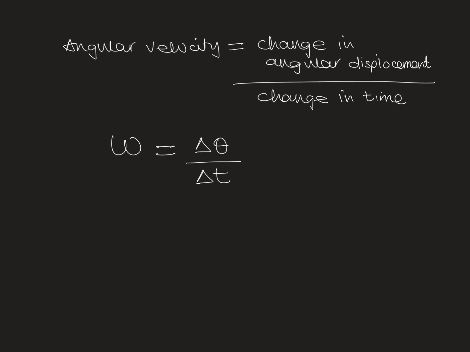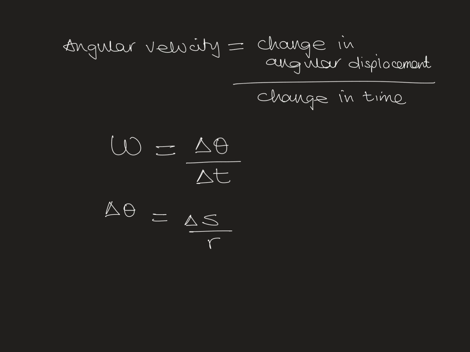But what do we know about the change in the angular displacement? You remember that theta is equal to S divided by R in our previous video, right? So if there is a change in the angular displacement, then obviously there will be a change in the length of the arc. Just try to visualize it.